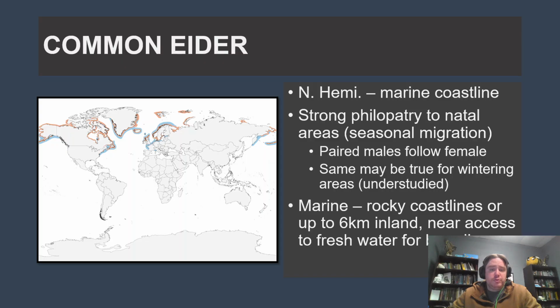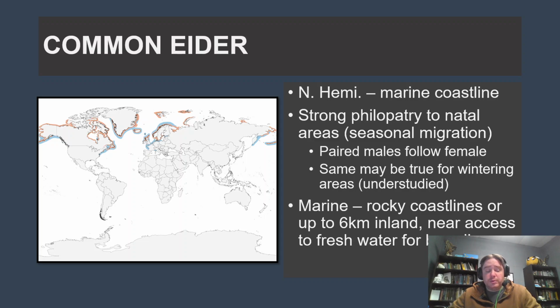These birds' movements are a little more well studied, but there's still a lot of questions about their movements, particularly as far as their movements to wintering areas. But they show strong philopatry to natal areas.